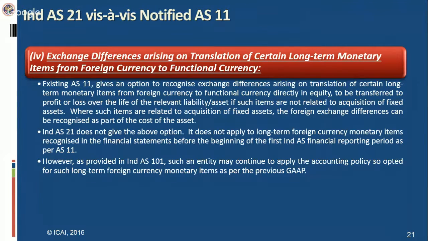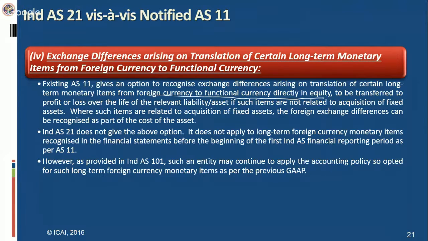You all know that existing AS 11 gives us an option to recognize exchange differences arising on translation of certain long-term monetary items directly in equity, to be transferred to profit or loss over the life of the relevant asset or liability if such items are not linked to acquisition of fixed assets. And if these items are related to acquisition of fixed assets, the foreign exchange differences can be recognized as part of the cost of the asset.